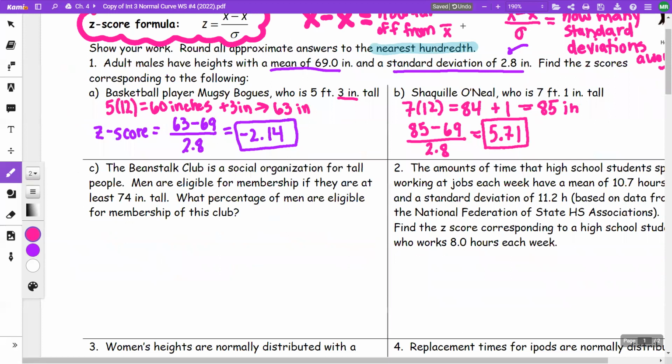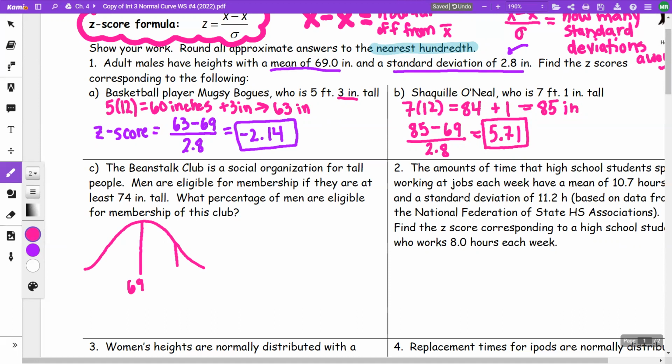On letter C, the Beanstalk Club is a social organization for tall people. Men are eligible for membership if they are at least 74 inches tall. What percentage of men are eligible for membership in this club? Okay, so what I'm going to do is kind of draw this out. We know that 69 is the mean.